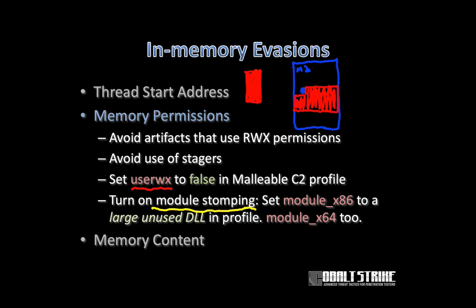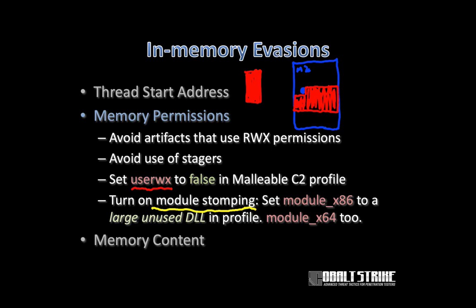And in this way, we end up living in a context where our permissions, our initial permissions anyways, are consistent with that of a memory mapped DLL. We also have the benefit of living in executable memory, or having executable memory that is now associated with a memory mapped file or a module on disk.